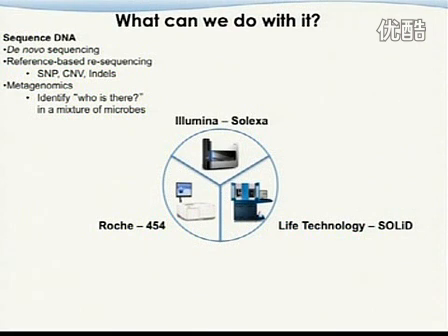You can do de novo sequencing, meaning you sequence DNA which you don't know beforehand, and which is not human, for example. And you can do reference-based resequencing. In our medical school, most applications are here. The point is to identify genetic variations, including single nucleotide polymorphisms, copy number variations, and insertion-deletions.